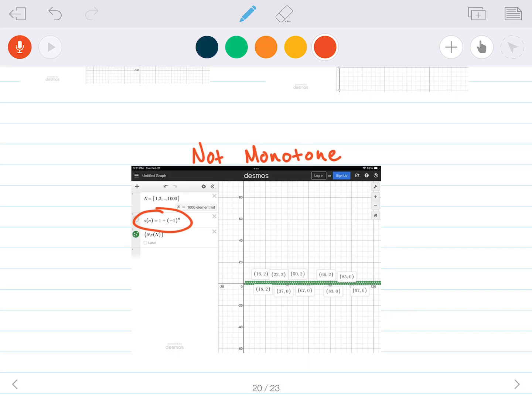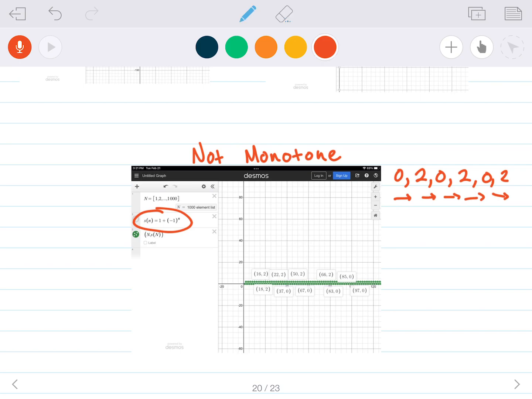When n is equal to 1, we have 0, then 2, then 0, then 2, 0, 2. So as n goes up, we're not increasing all the time, because sometimes we go to 0. And similarly, we're not decreasing. So this is not monotone.